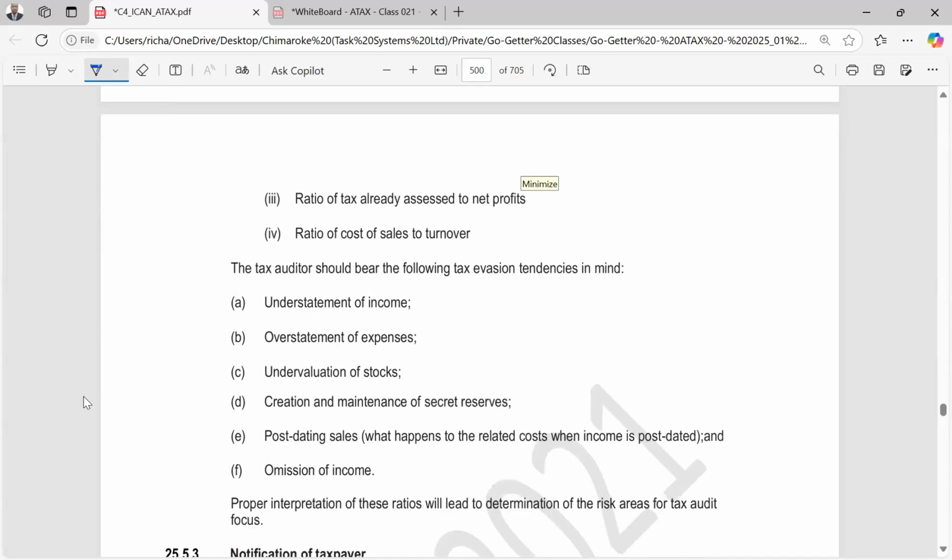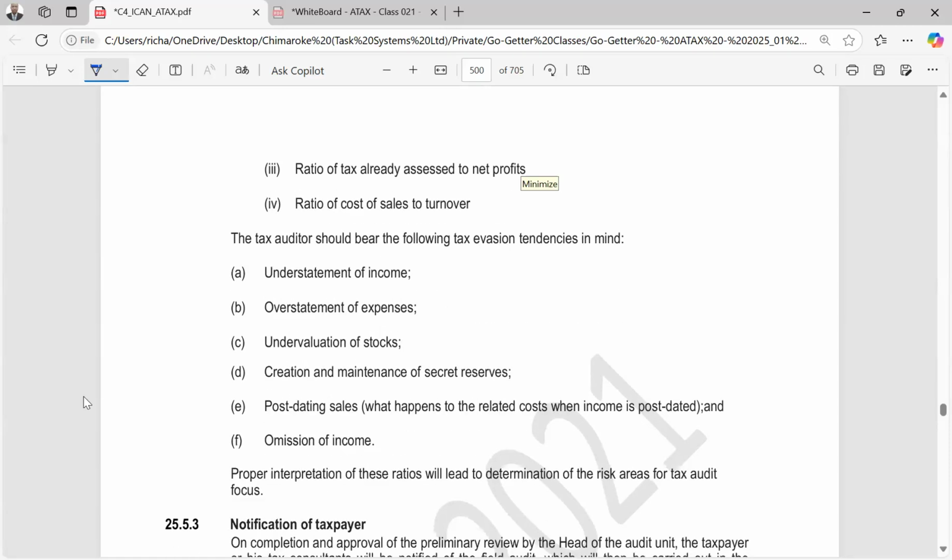Now, the tax auditor should bear in mind that people do not want to pay tax. And if given the chance, they will want to evade tax. And if you are forcing them and they cannot run, they want to underpay. And so they should bear in mind that part of the things individuals will do, they will want to understate your income.